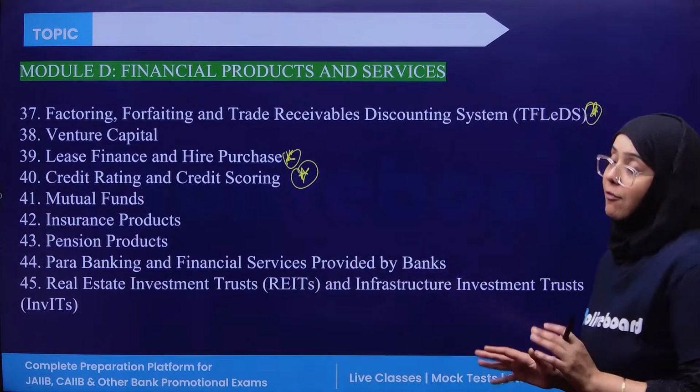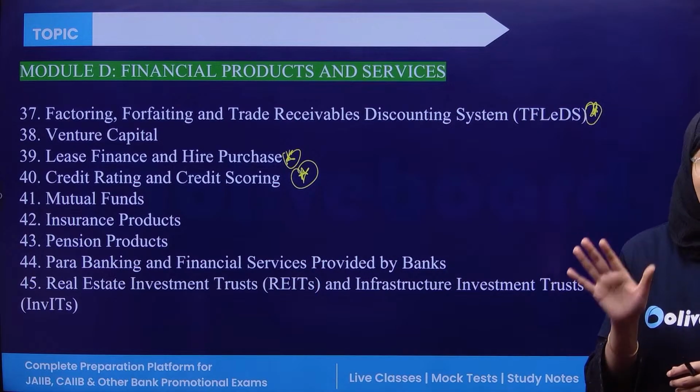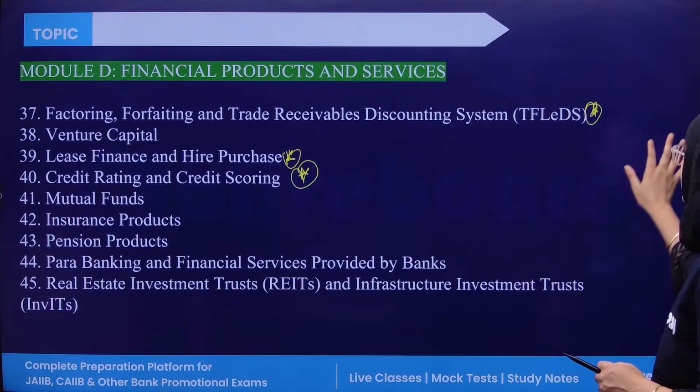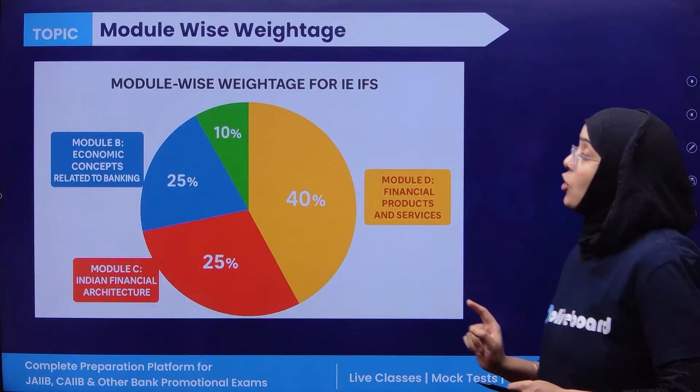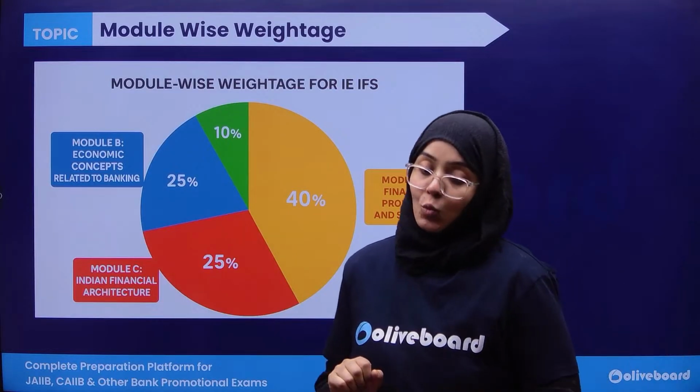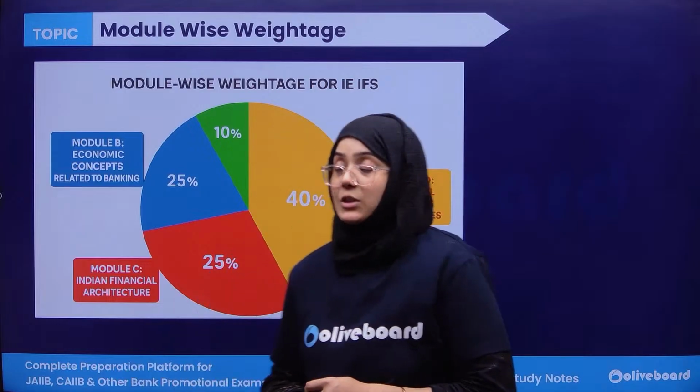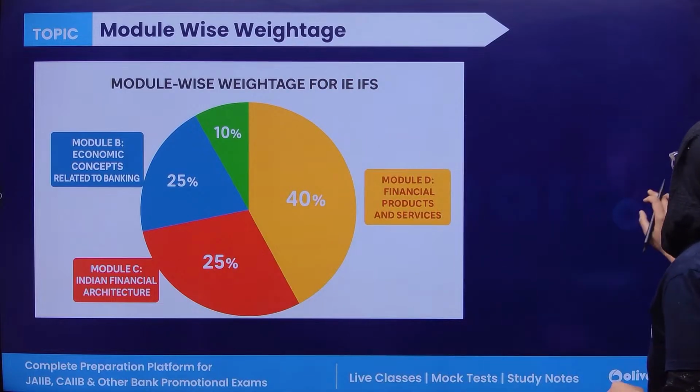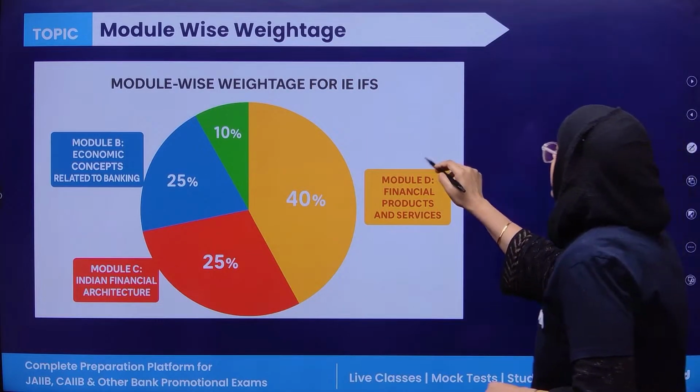Okay, we have 45 units in IEFS and 4 modules. Next, let's talk about the module wise weightage. When we are talking about the module wise weightage, first of all, the most asked module is module D.